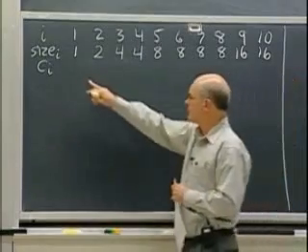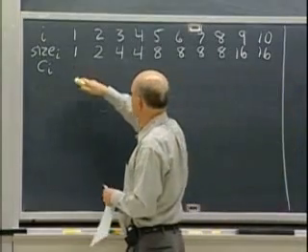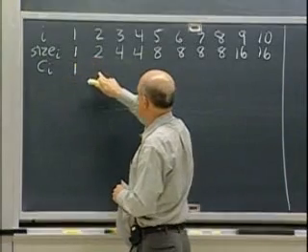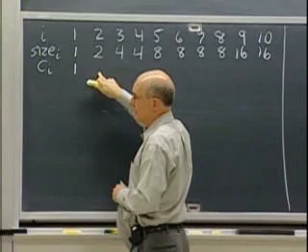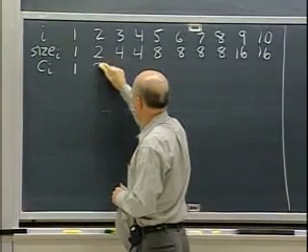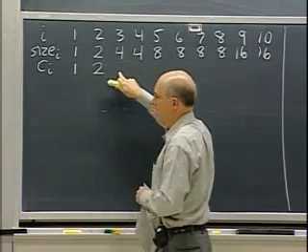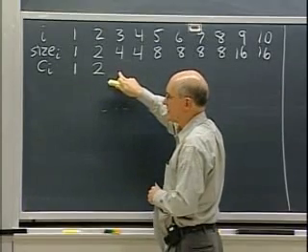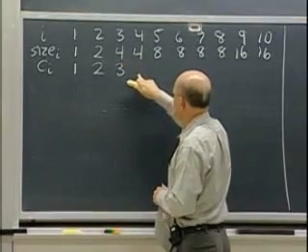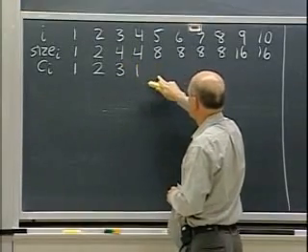And let's take a look at what the cost was. So the cost here was 1, okay, to insert 1. The cost here was I had to copy 1 and then insert 1, so the cost was 2. Here I had to copy 2 and insert 1, so the cost was 3. Here I had to just insert 1, so the cost was 1.